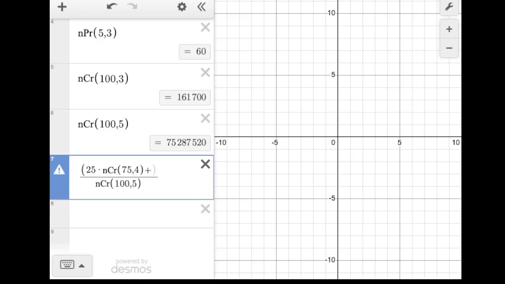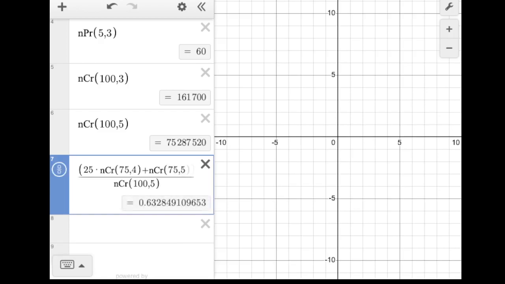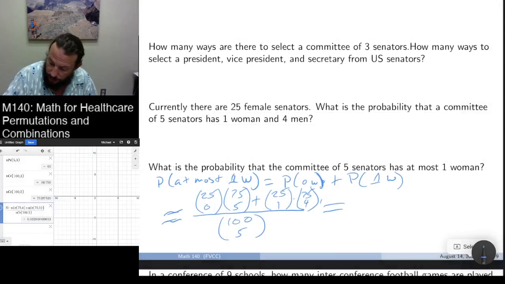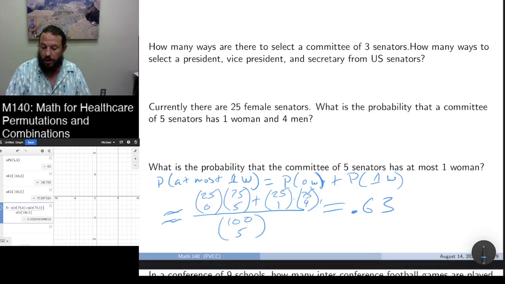Plus, now what's 25 choose 0? Remember, it's just 1, so here we just have to do the 75 choose 5, all men, right? Okay, and so we end up with 0.63 or 63% chance, right? This is 0.63-ish.